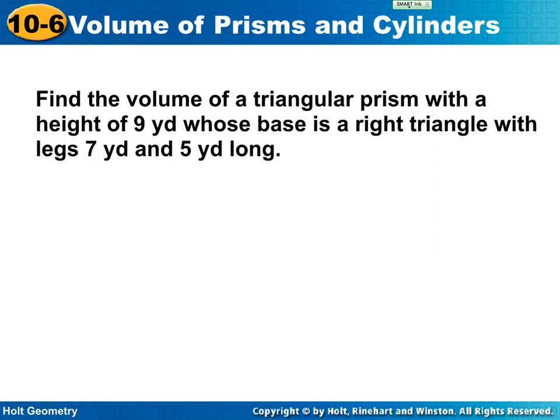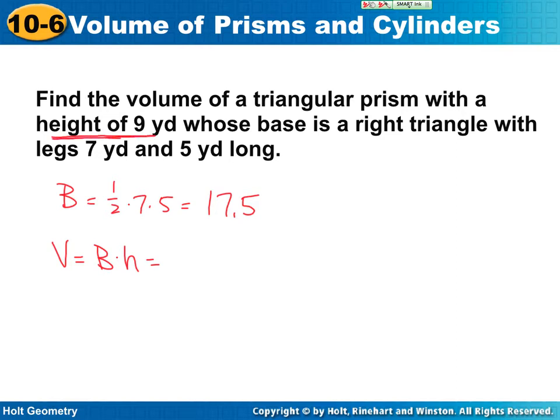So you're doing 1/2 7 times 5 for the base area? Okay, so base area is 17.5. Now the volume was that base area times the height. Height of the prism, not height of the triangle.